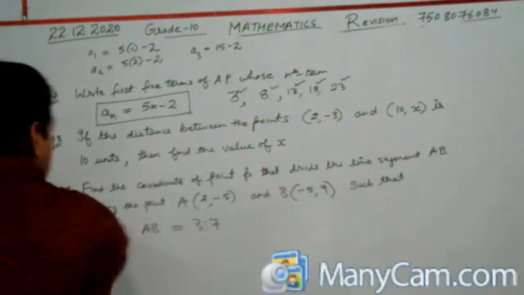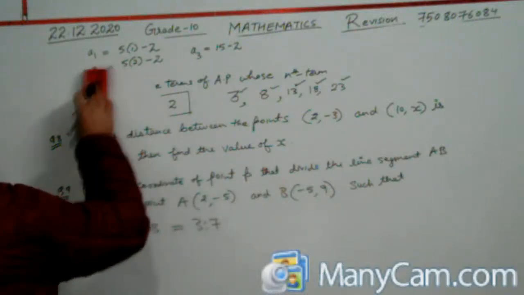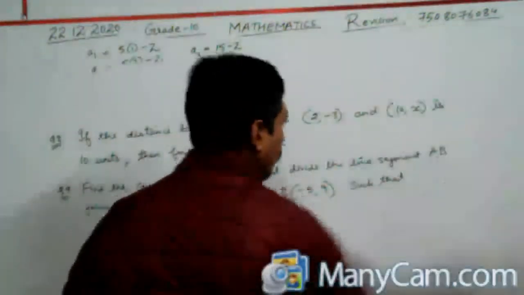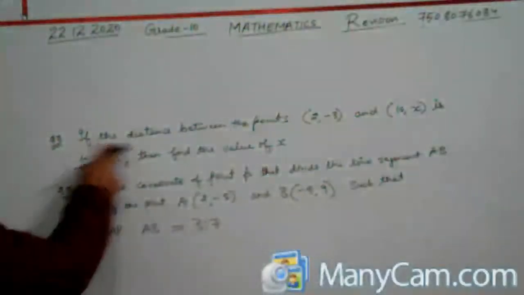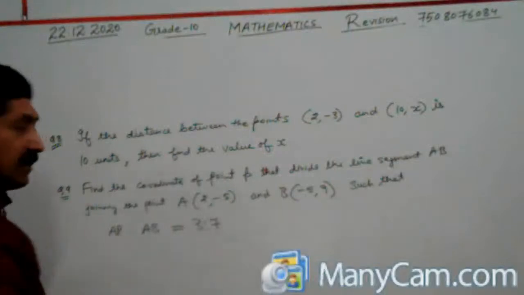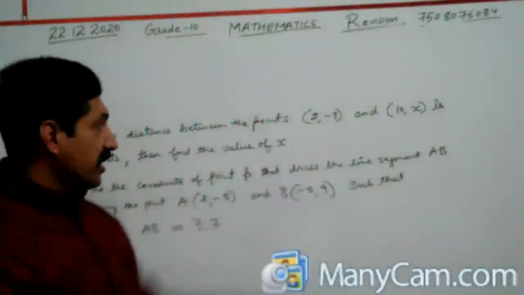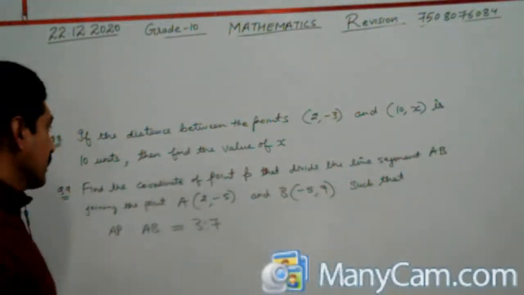Next question is from coordinate geometry. Here the distance between the two points (2, -3) and (10, x) is 10 units.